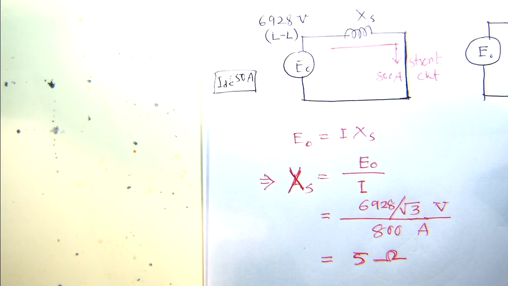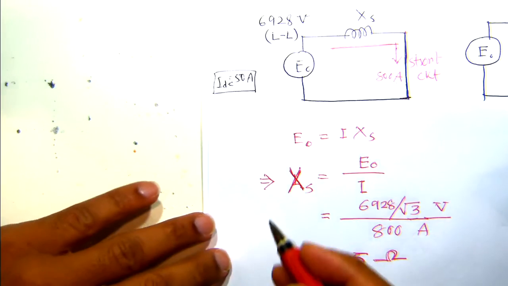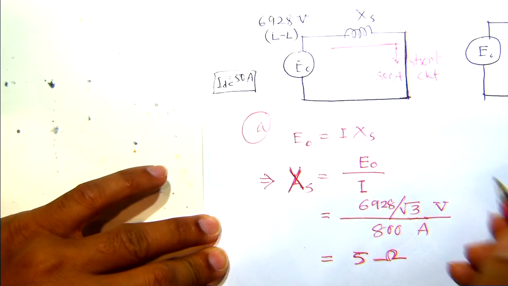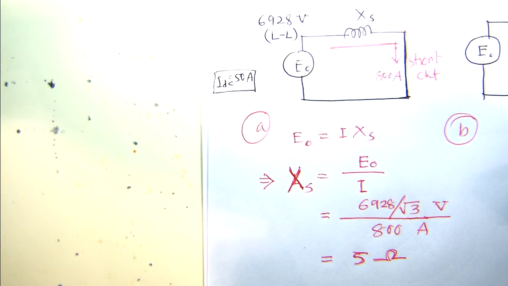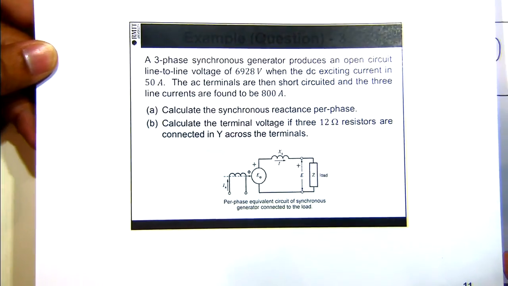Now in the second part, this is actually A. Then in B, because you don't have a copy, you may not be sure about the question.